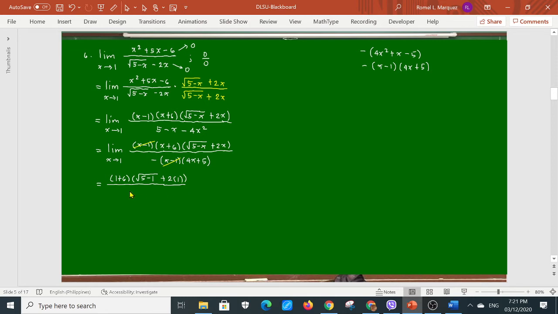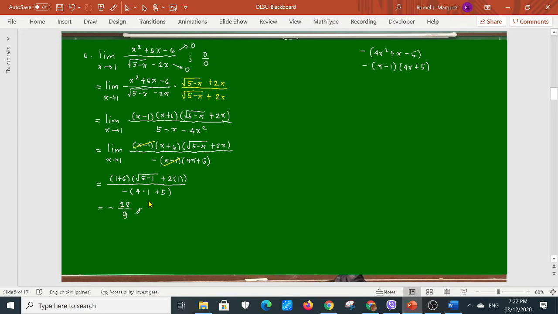The denominator is negative of 4 times 1 plus 5. What is that equal to, guys? This is 7. 2 plus 2, 4. 4 times 7, 28. What is in the denominator? 9. So negative 28 over 9.